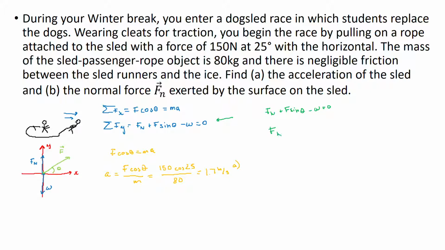So the normal force is going to be equal to weight minus the force sine of theta. Here I'm going to substitute: that's going to be 80 times 9.81 minus 150 sine of 25, and this is going to be 721 newtons, and this is part B.